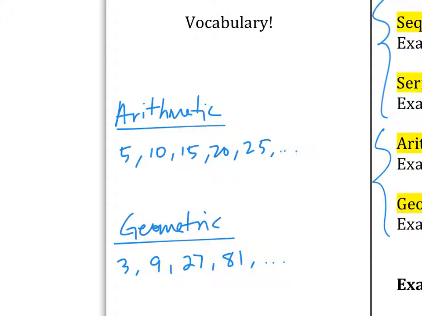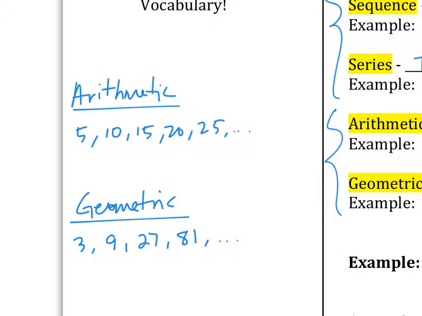Okay, Mark and Blake. Arithmetic is adding by, and geometric is multiplying by 3. Okay, all right. Let's see. Eva and Sebastian, what do you guys think? Eva, you're just smiling, shaking your head.